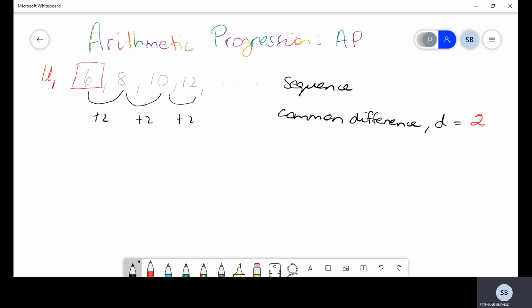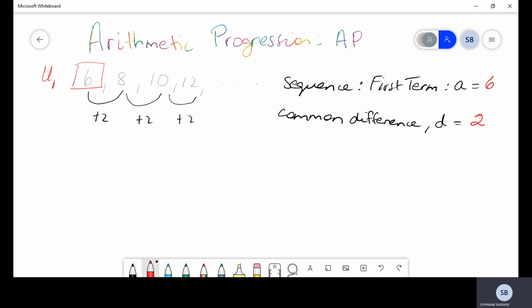Our first term when it comes to arithmetic progressions is denoted by the letter A. And in this case, you can see that our first term has an actual value of 6.